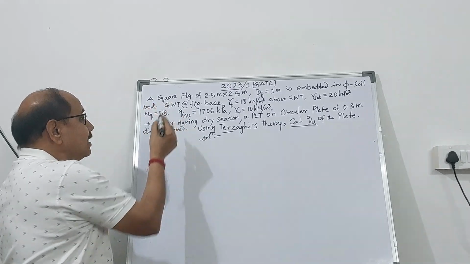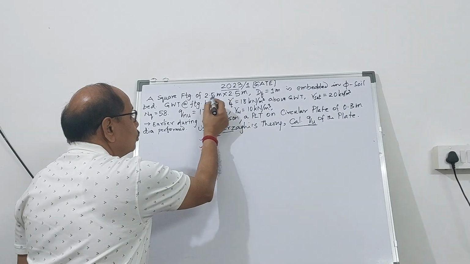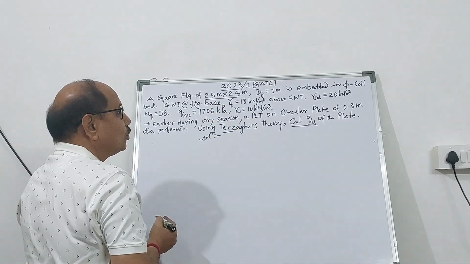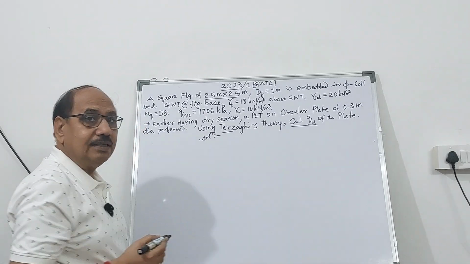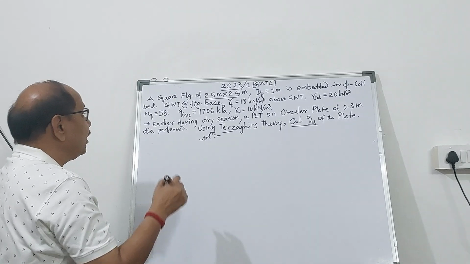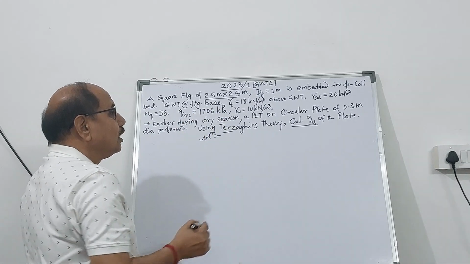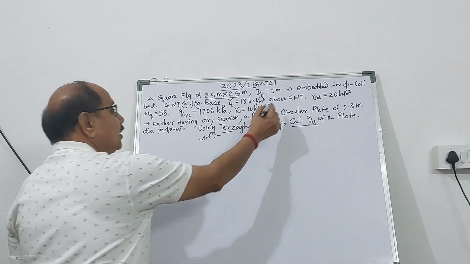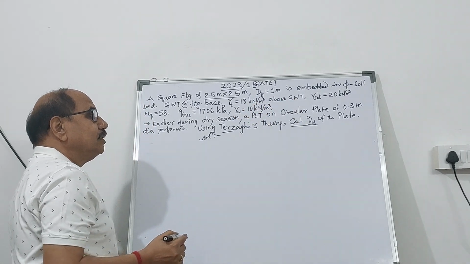The problem is like this: a square footing of 2.5 meter by 2.5 meter and depth of footing 1 meter is embedded in phi soil. That means it is embedded in cohesionless soil bed. Groundwater table is at footing base, and the unit weight above the groundwater table is 18 kilonewton per cubic meter.